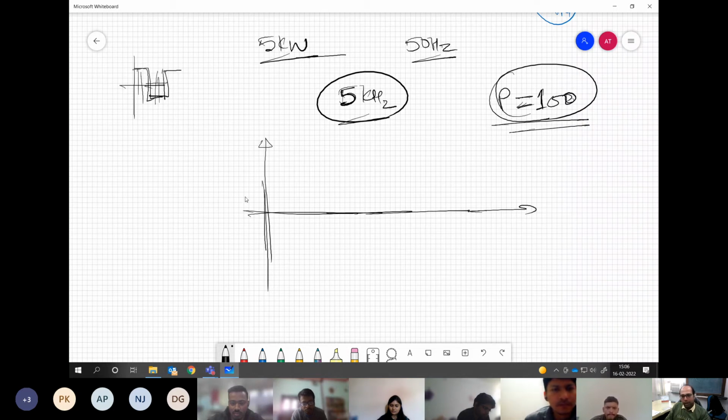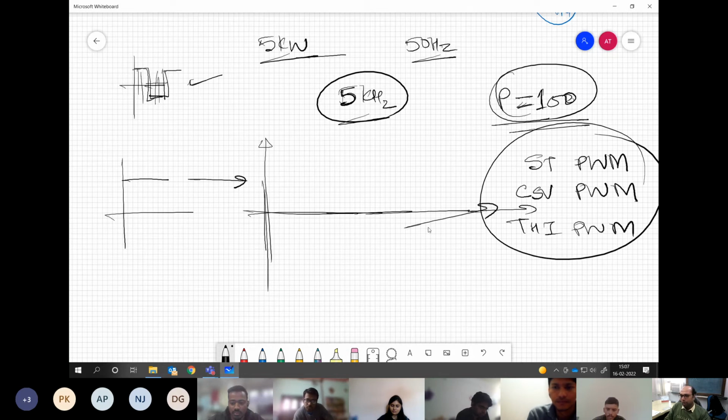But we may have an entire different philosophy of converting DC voltage to AC voltage instead of this what we have done so far. And that is where we come across the PWM techniques which are like sine triangle PWM or conventional space vector PWM or sometimes third harmonic injected PWM and so on. There may be many more. All this can be called as high switching frequency PWM techniques.